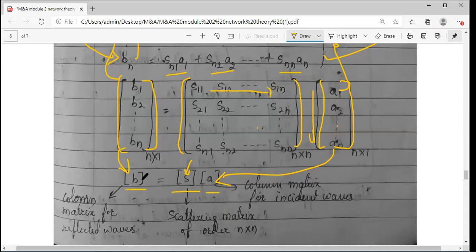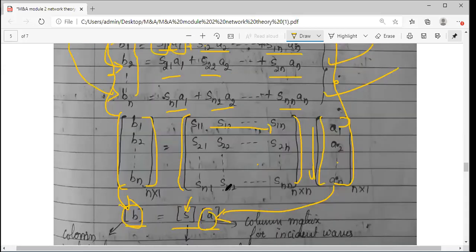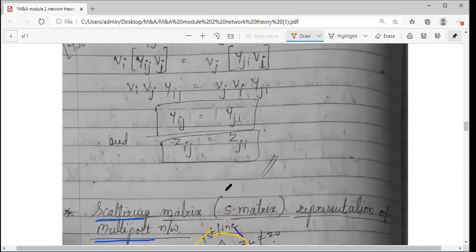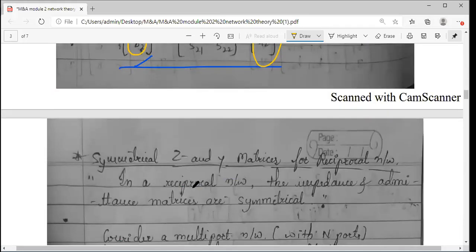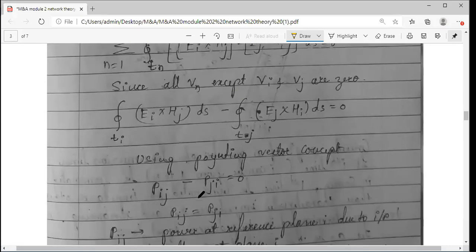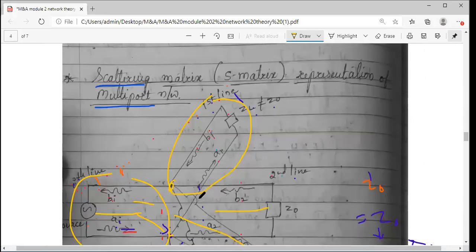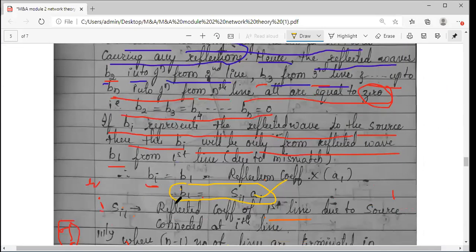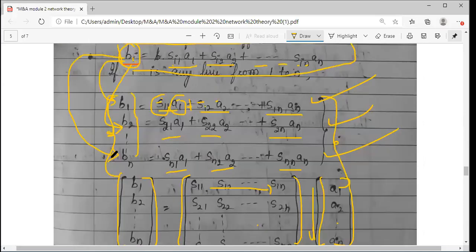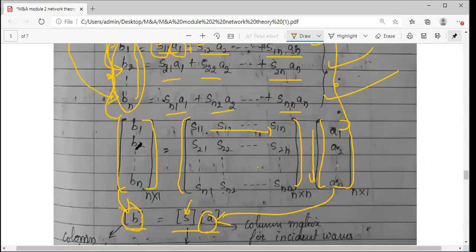Now hope you understood why B should be on the left side and why A should be on the right side. Because when we started our concept, when we wrote the equations for the sample two-port network, B's we had taken at the left hand and A's at the right hand. So now, collectively for a multi-port network, when we try to formulate the S matrix, all B's are at the left hand side.